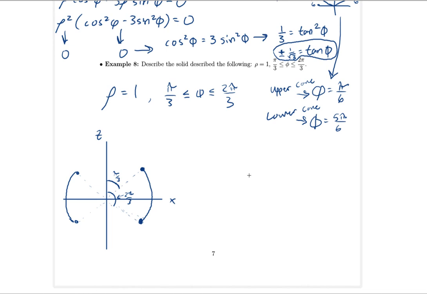So this is what we're dealing with, a portion of a sphere of radius 1, where we're only getting the part of it that has angles of phi between pi over 3 and 2 pi over 3.